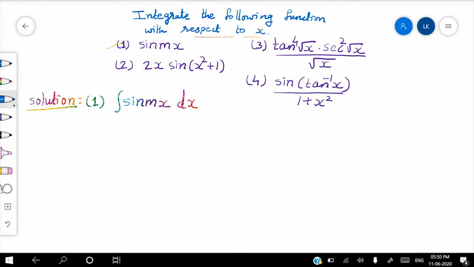The question is, integrate the following function with respect to x. First one is, find the integration of sin mx. Okay, so here we are using the substitution method.